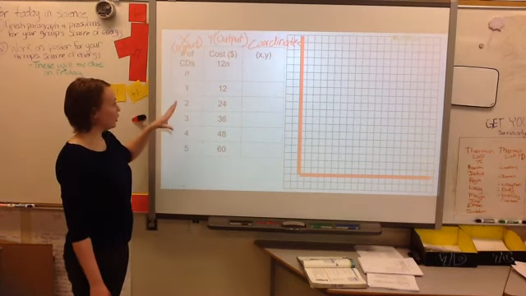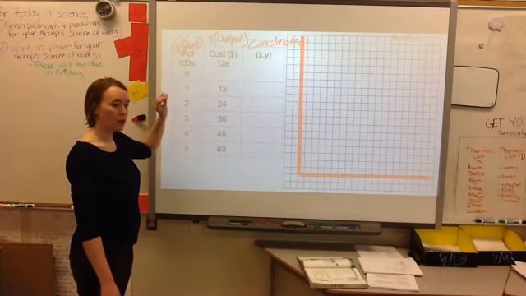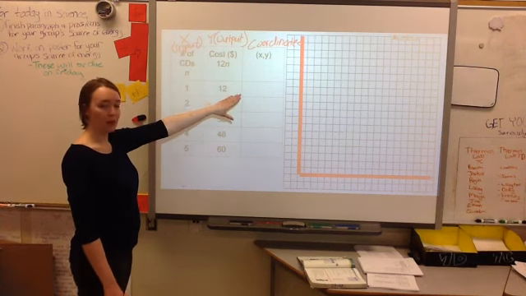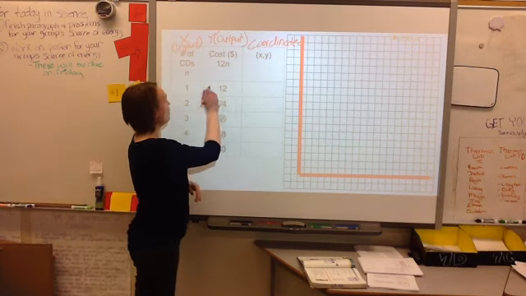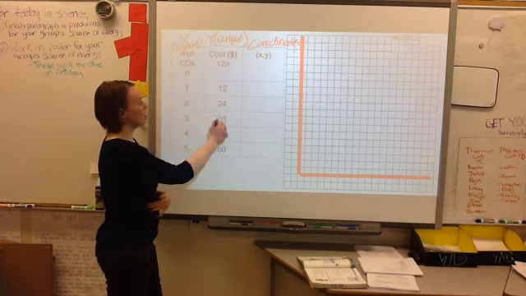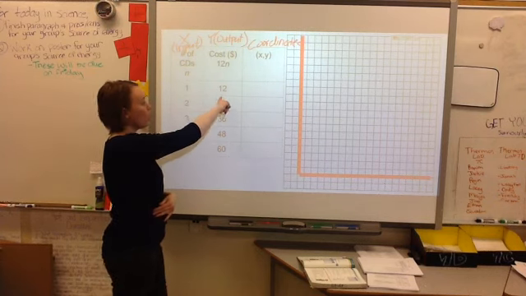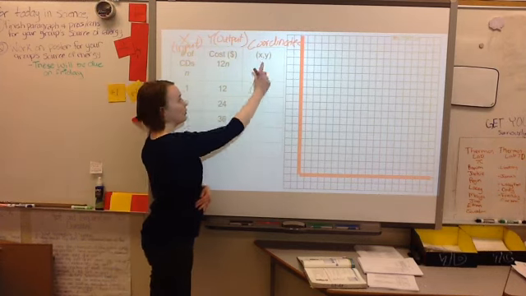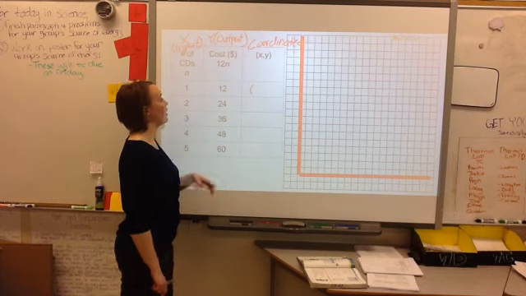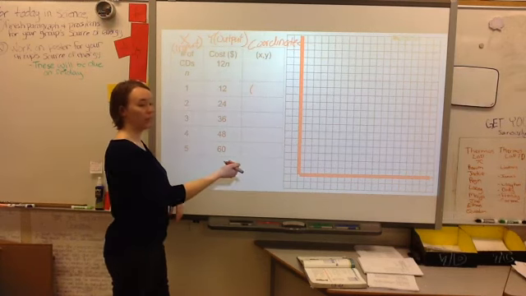So I'm going to turn these x and y values into coordinates and write them on this chart here. We have our x is 1 and our y is 12, and we write them in the form (x, y), and x always comes first in a coordinate.